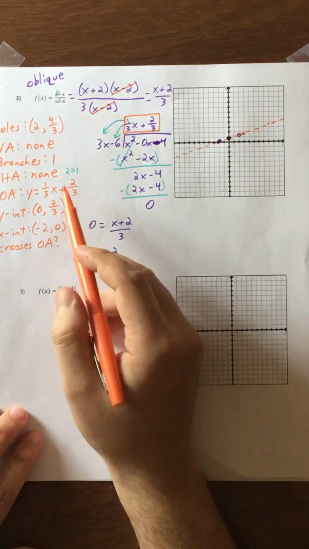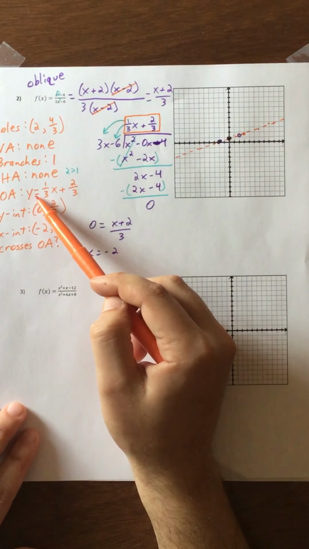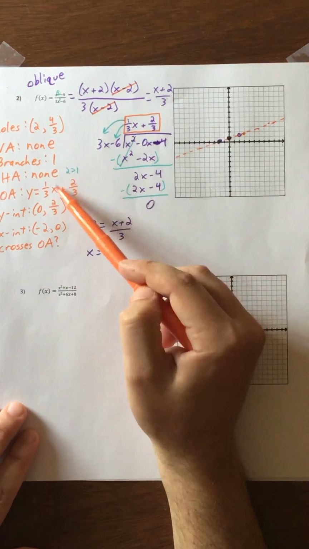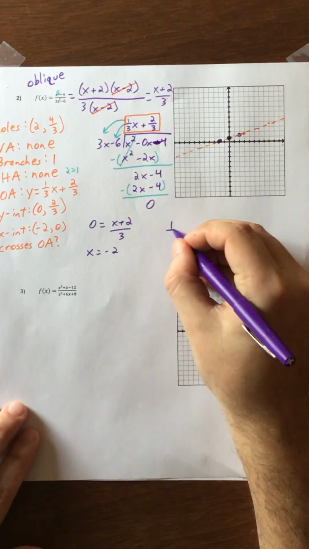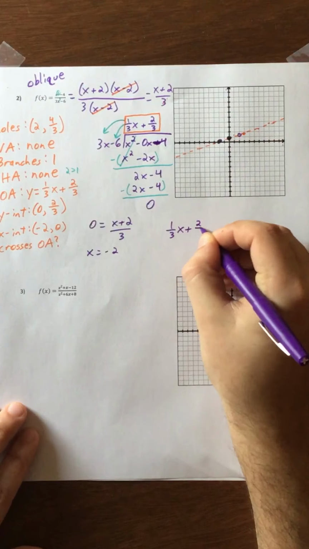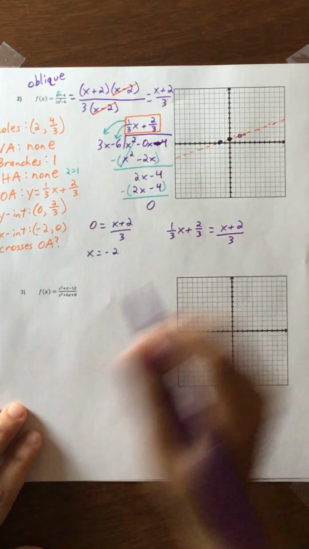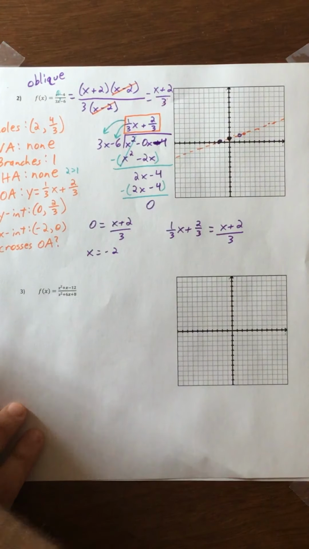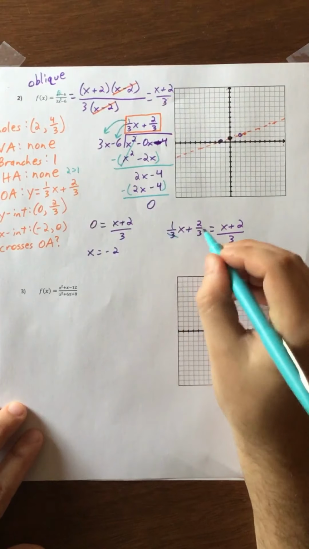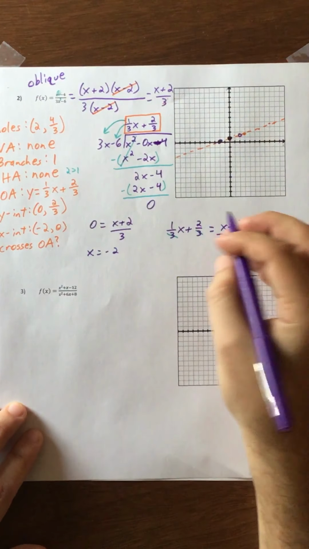Just like with the horizontal asymptotes, we took the horizontal asymptote, we're going to take the oblique, and we're going to set it equal to our simplified function. So I'm doing 1/3 x plus 2/3, and I want to see where does it equal (x plus 2) over 3. Now remember, I said this was a weird problem, right? These all have a denominator of 3, so the 3's can go away.